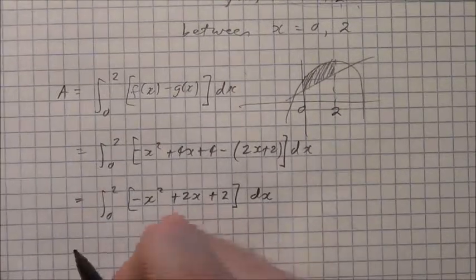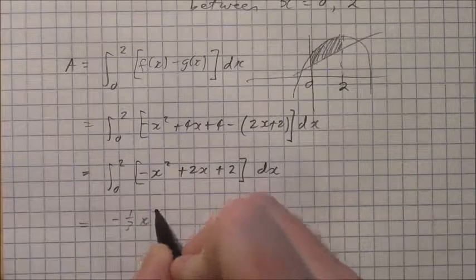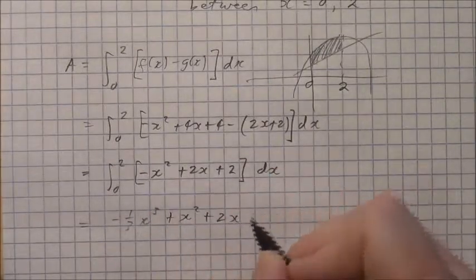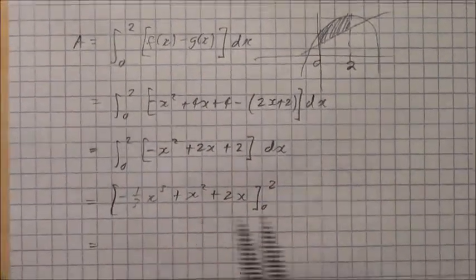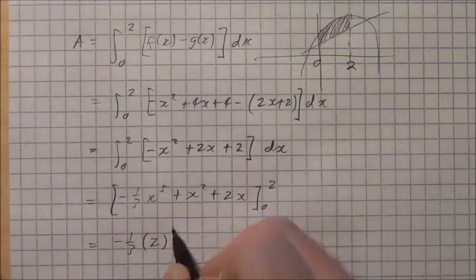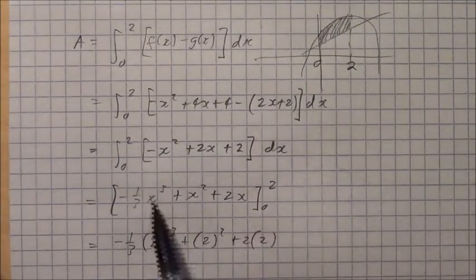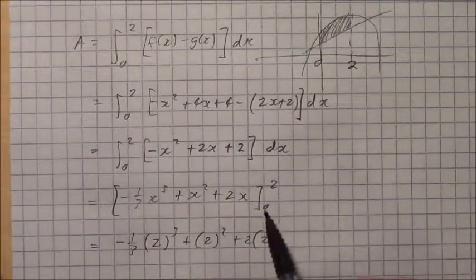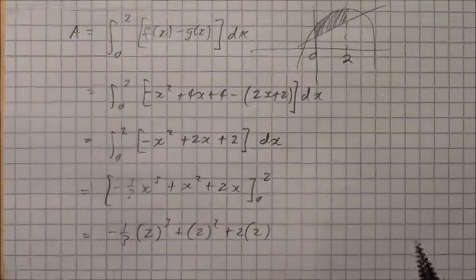Then I take the antiderivative, so I have negative 1/3 x cubed plus x squared plus 2x evaluated from 0 to 2, and then substitute in the values. So you get negative 1/3 times 2 cubed plus 2 squared plus 2 times 2. Because all of the terms at 0 have x's in them, all of that is just going to go to 0, so I don't really need to write it out.